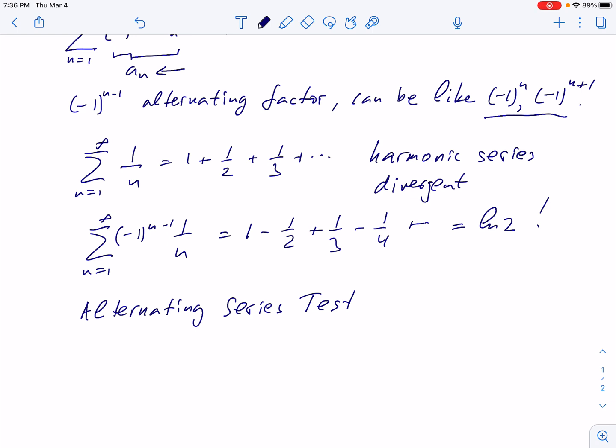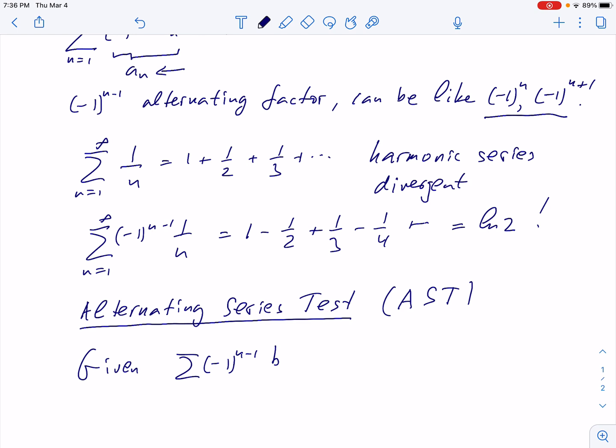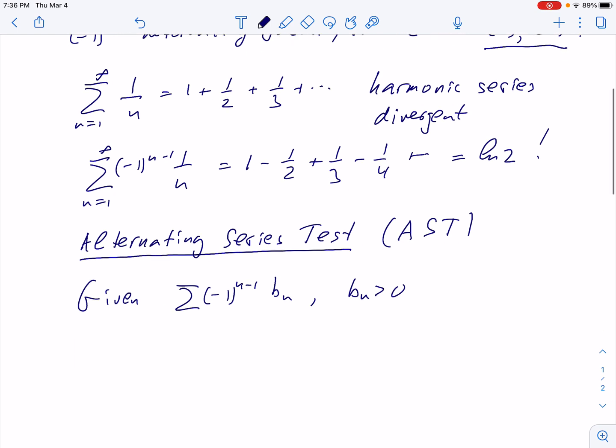Alternating series test, we shall abbreviate AST. Important test. So given an alternating series, I shall write this again. Remember, b sub n are positive numbers, positive sequence.